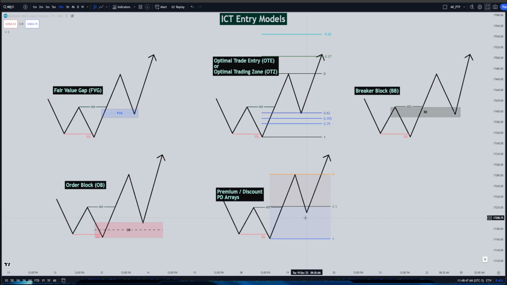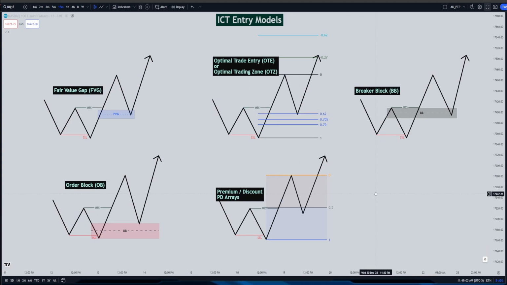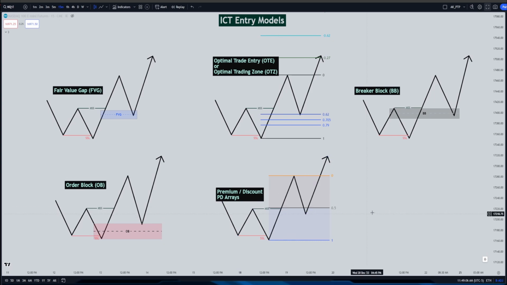Instead of going to the exact OTZ level, it can retrace from there if there is an array sitting just a little above your OTZ, like a breaker block or a fair value gap. But I'm going to make things more clear in a second.